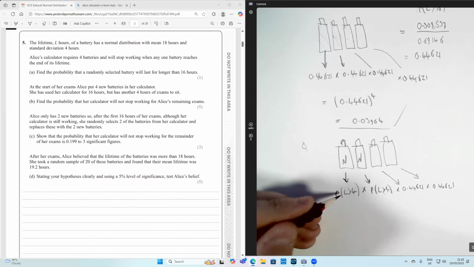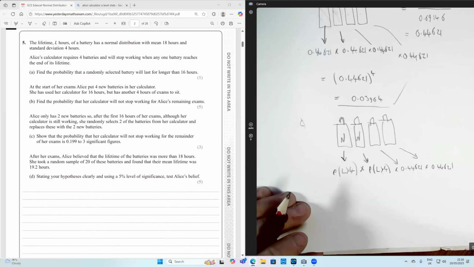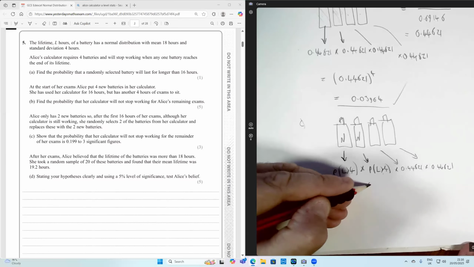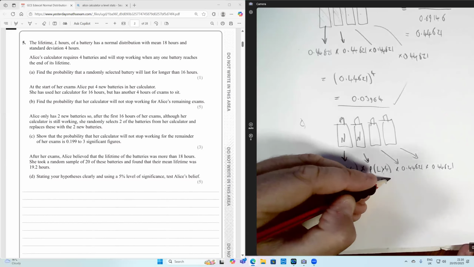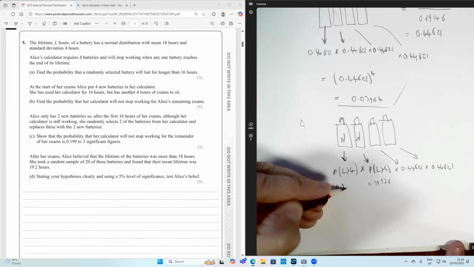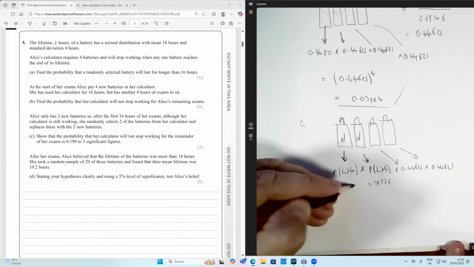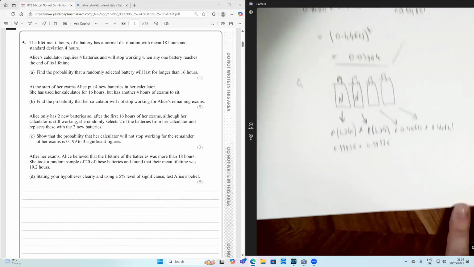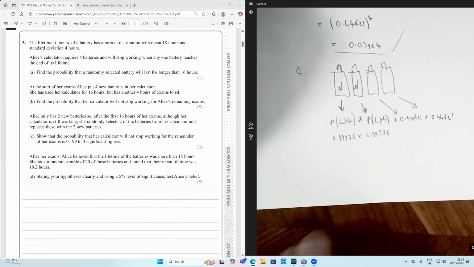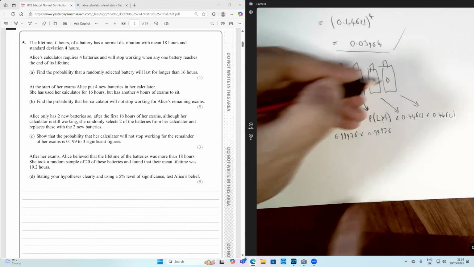Now, the probability that the lifetime of a battery is greater than 4 hours, when we put that into the calculator with the same conditions, is 0.99976. So a very, very high probability that the battery is not going to run out in the first 4 hours. So that's what we've got to work out in this case, when Alice has now swapped 2 of the batteries, 2 new and 2 old, okay?